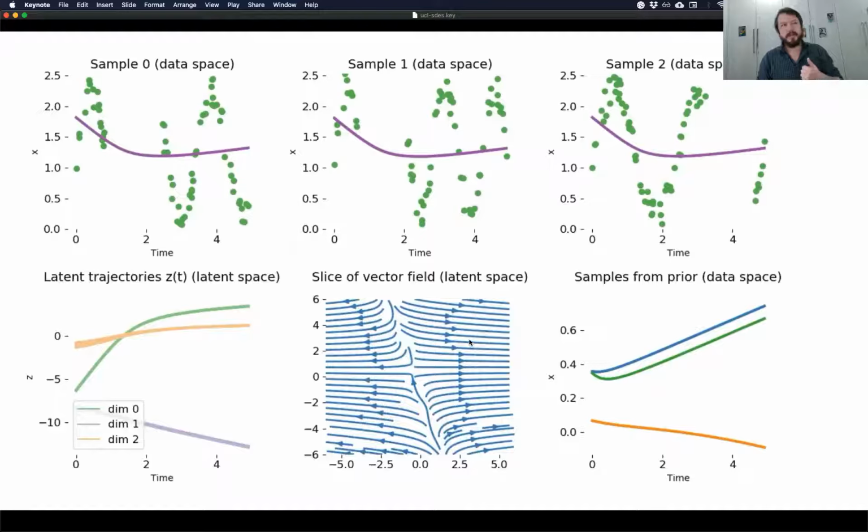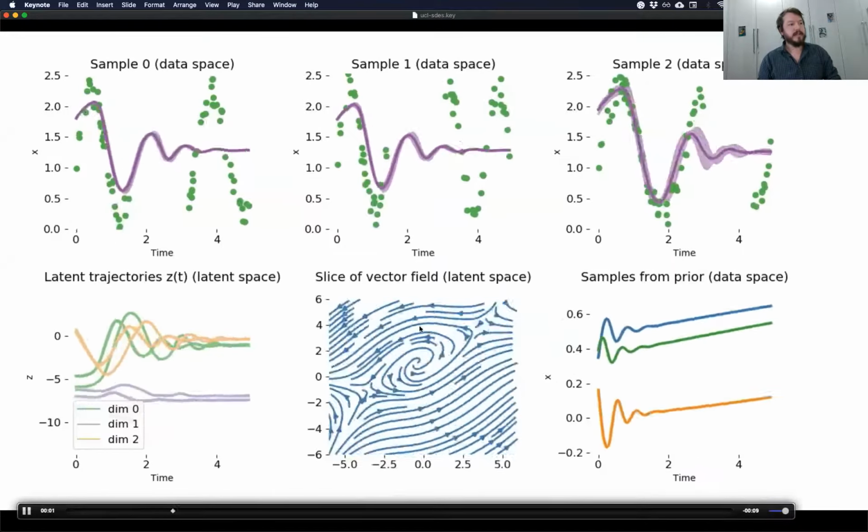The parameters we have to learn are the parameters of the Gaussian likelihood, and the dynamics function f. That's what this arrow plot is showing: the dynamics function in the latent space of this system. Here we jointly train everything with gradient descent.